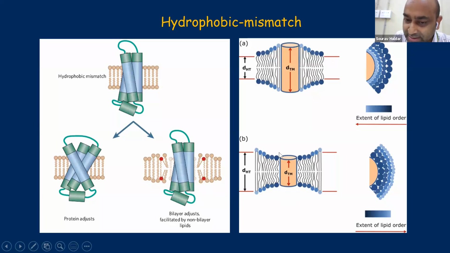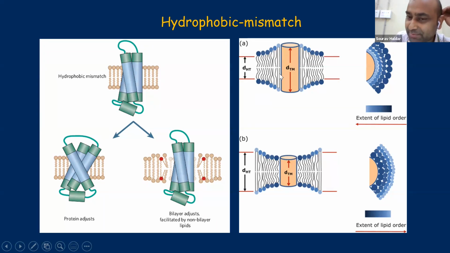So in other words, their flexibility or their mobility will be slightly different compared to the lipids which are distant. So here, for example, the extent of lipid order will decrease as we go further; the order will change.